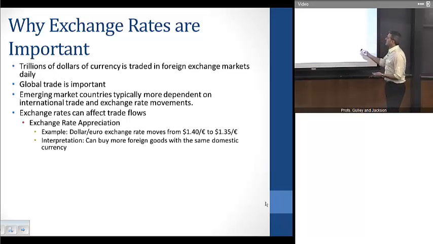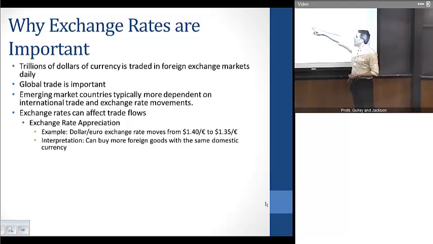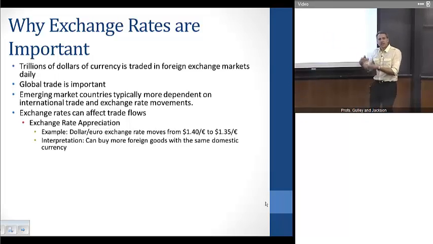With the examples that we talked about before, we have an example of exchange rate appreciation. In this case, when the dollar moved from $1.40 per euro to $1.35 per euro, we said that the dollar appreciated. The idea is that we can buy more foreign goods with the same amount of dollars that we had before.